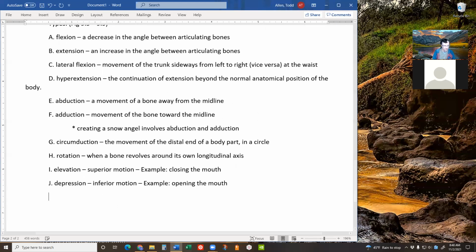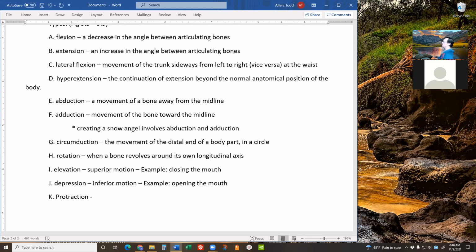Next, we have protraction. Okay, protraction. You can see in panel C of figure 9.9, protraction is when you move a part of your body forward anteriorly in the transverse plane, right? So that would be the chicken head motion.